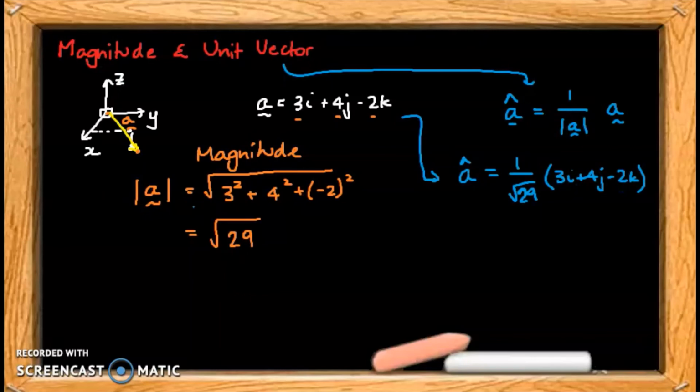So that's how we can calculate the magnitude of a vector with the i, j, k coordinates, and the unit vector, which is a vector that is in exactly the same direction as A, but has a length of 1. So we can say here the magnitude of a unit vector is always 1. And that's a rule that holds in every circumstance.